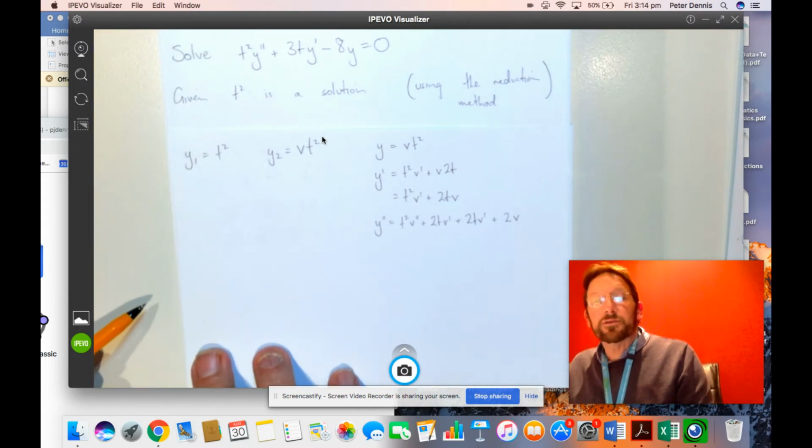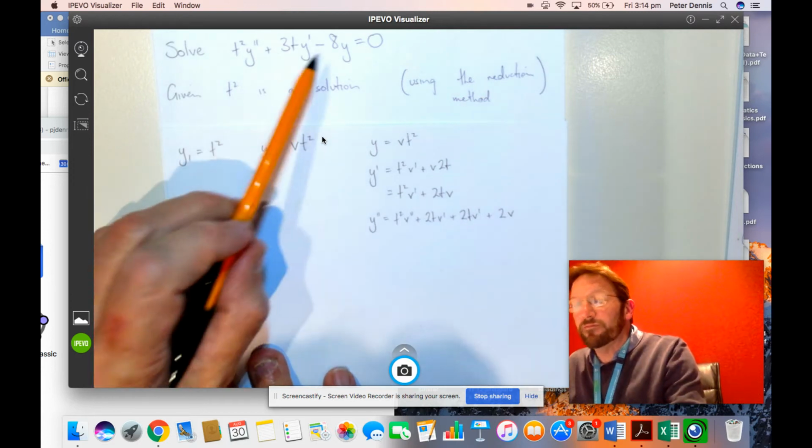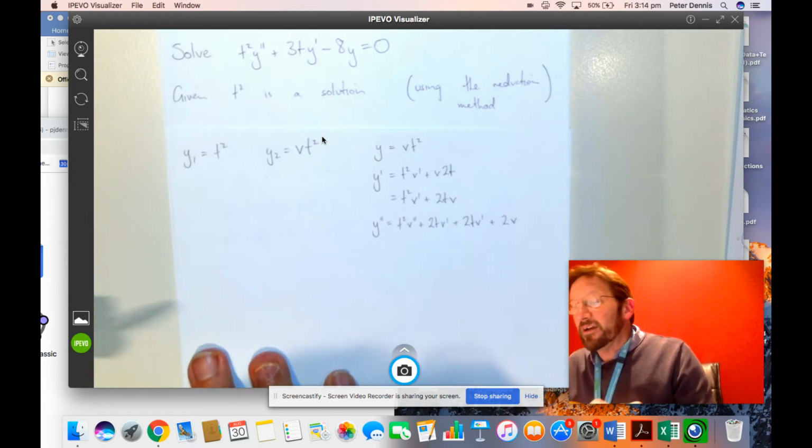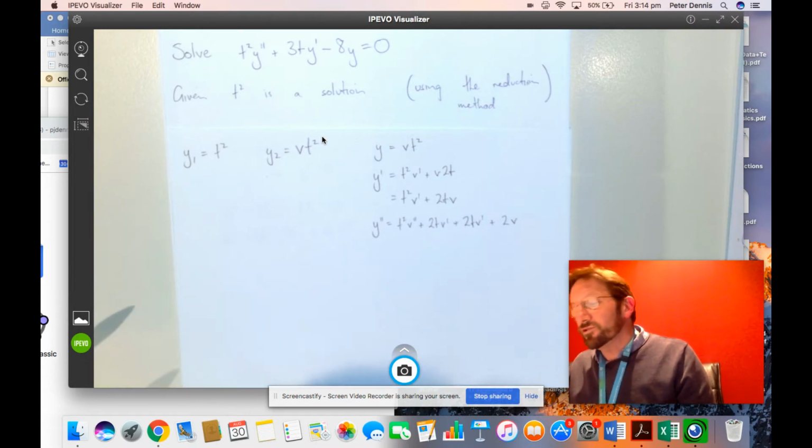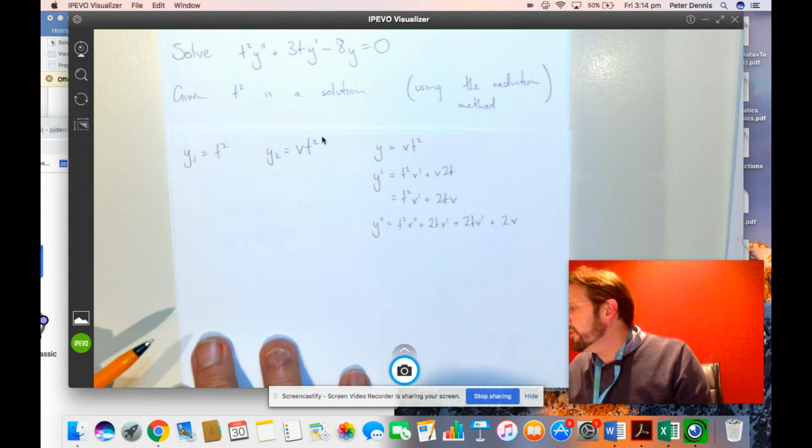Now we're going to substitute them into our formula up the top. This is going to get fairly lengthy, but the v's should cancel. Always the v's should cancel.